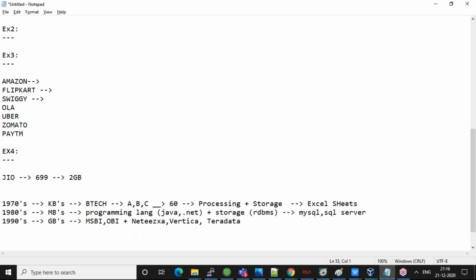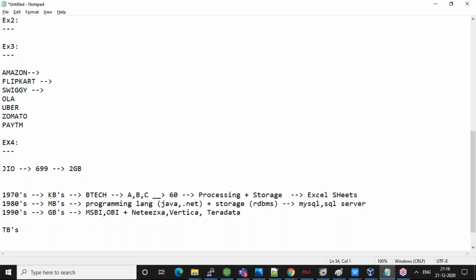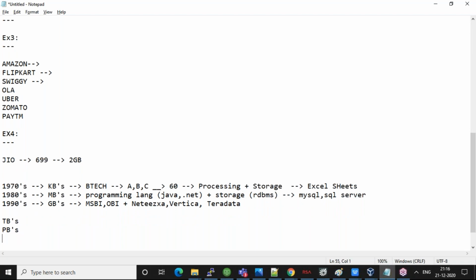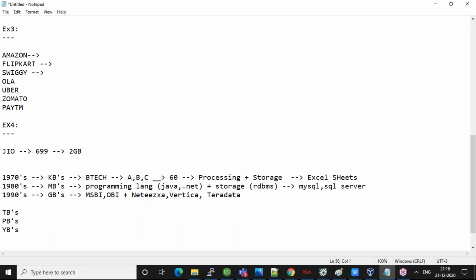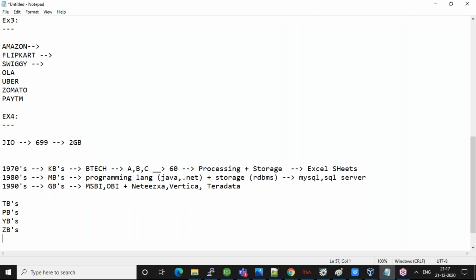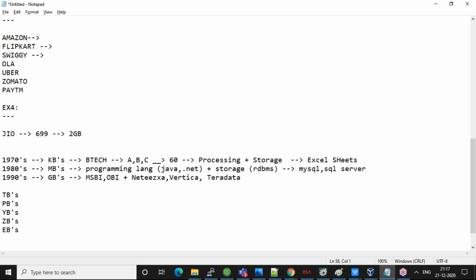After the year 2000, the data is increasing day by day. TBs. What is TBs, guys? It's terabytes. The next one is PBs, petabytes. The next one, EBs, exabytes. ZBs, zettabytes. YBs, yottabytes.